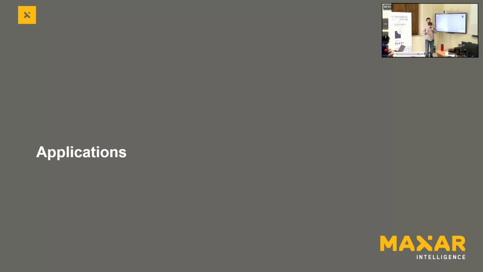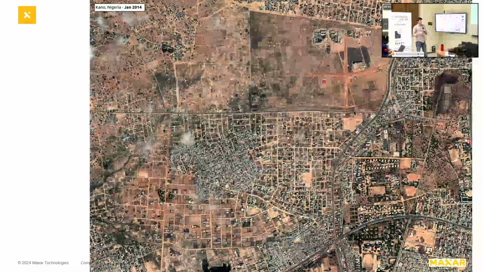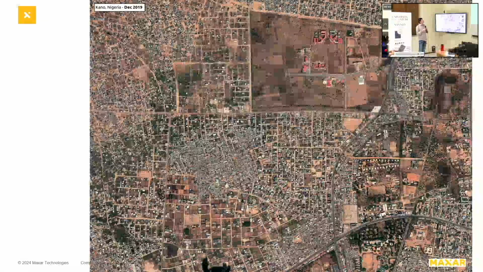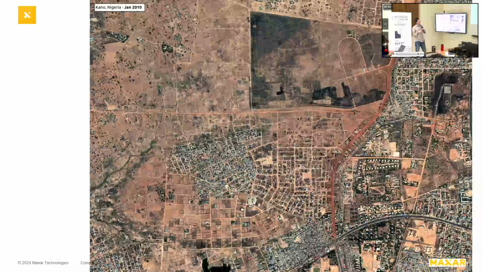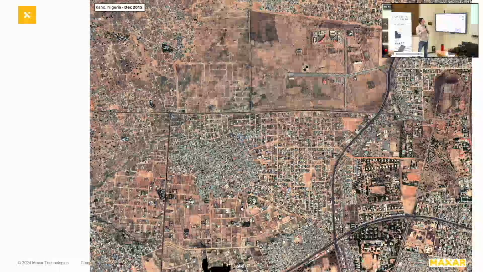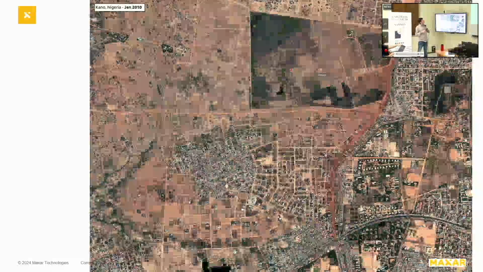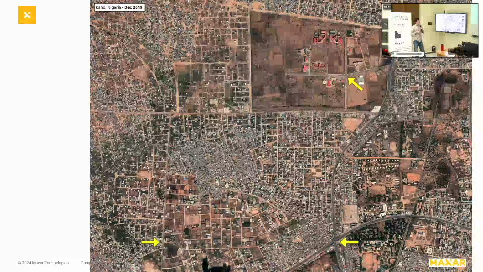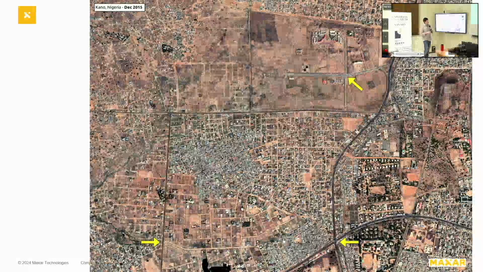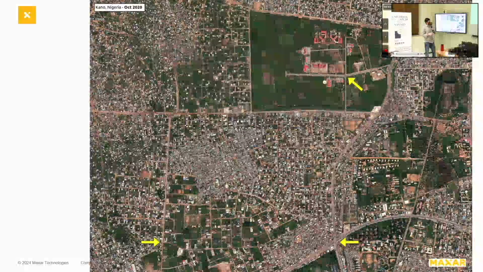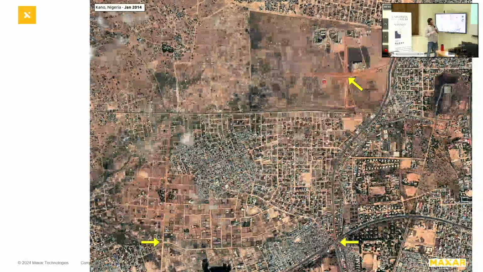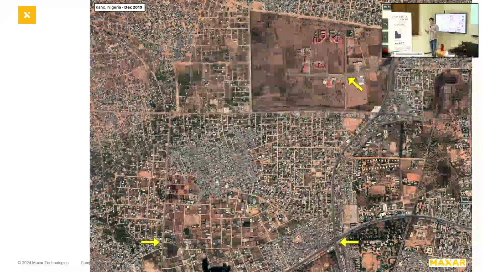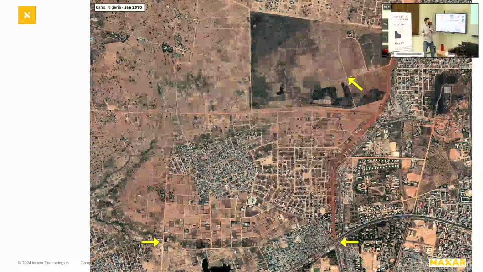What are some applications? Why is it important to do that? Again, it's a time series. Over here we have, I don't know, 10 images maybe over Nigeria between 2010 and 2020. And I like to look at points, like intersections, for example. These images have been aligned very well, or as well as we can.